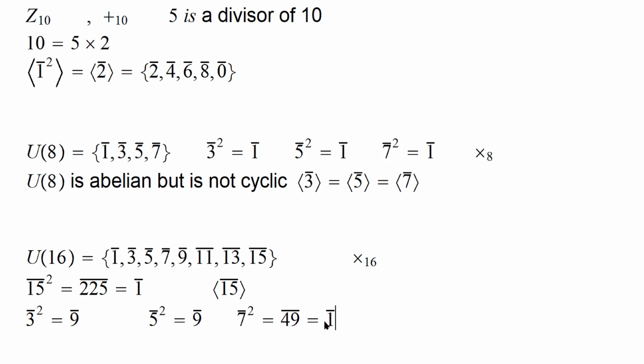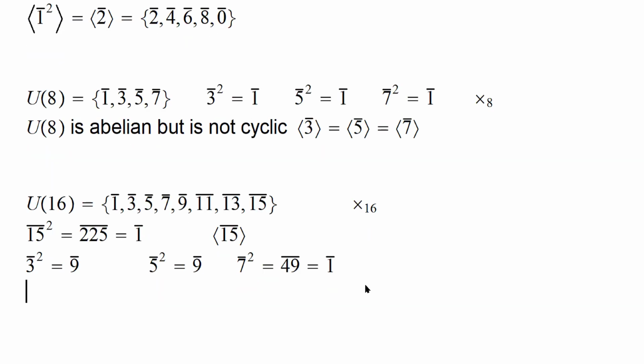So what happens here is that I have more than one subgroup of order 2, where 2 is a divisor of 16. So in this case, this just contradicts the fundamental theorem of cyclic groups, right? So both of them have order 2 and they are distinct subgroups, right?